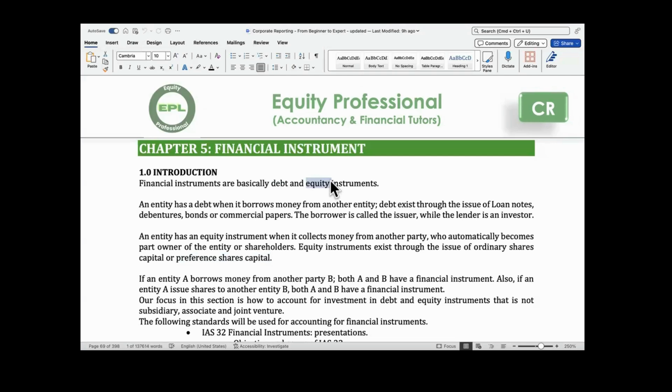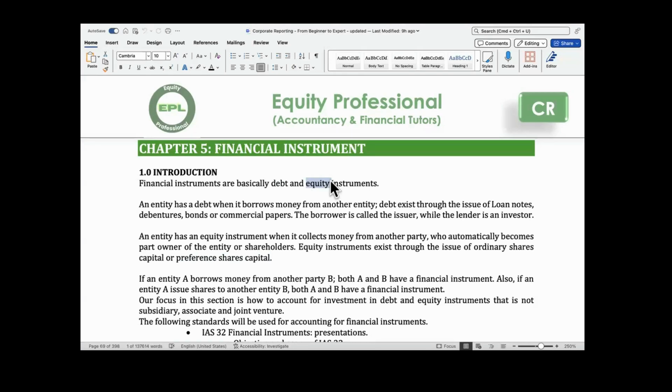And today we want to learn how to account for that, both from the side of the issuer, the person that is collecting money, and from the side of the investor, the person that is giving money.